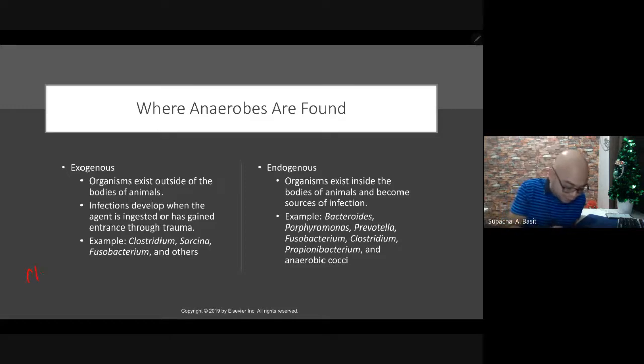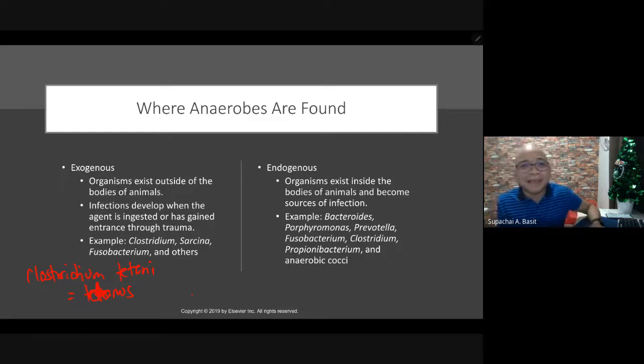For example, Clostridium tetani is the causative agent of tetanus. We do not have Clostridium tetani inside our body, but because of a wound inflicted on us, Clostridium tetani may gain entry, and that is the reason why we get infected. That is an example of an exogenous source.